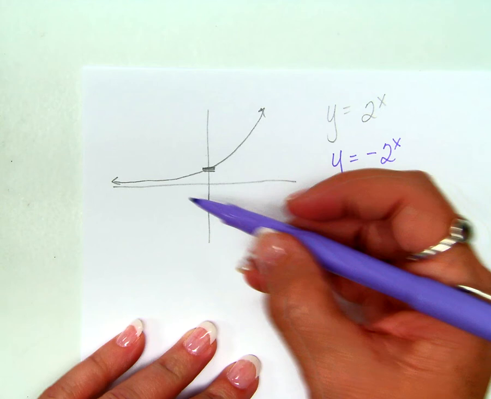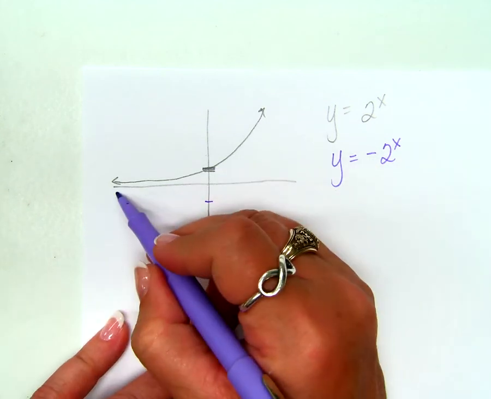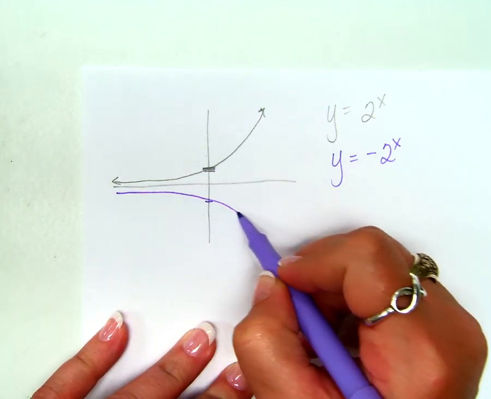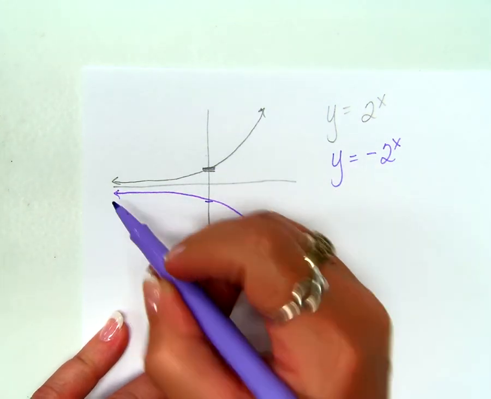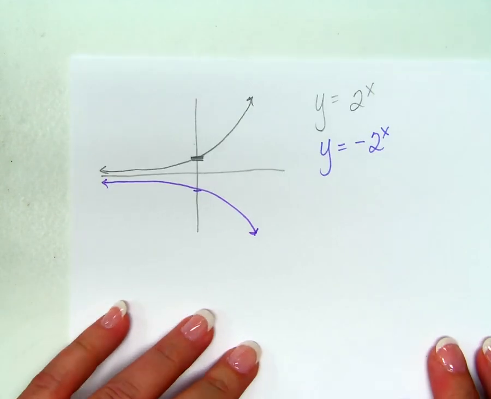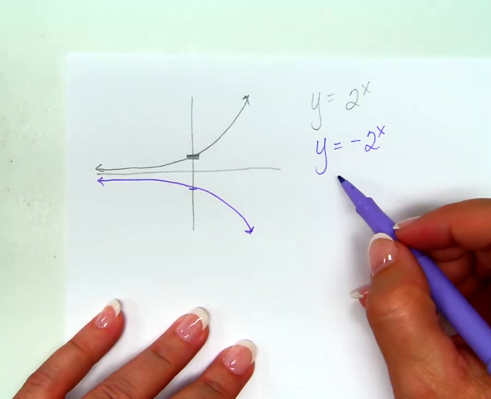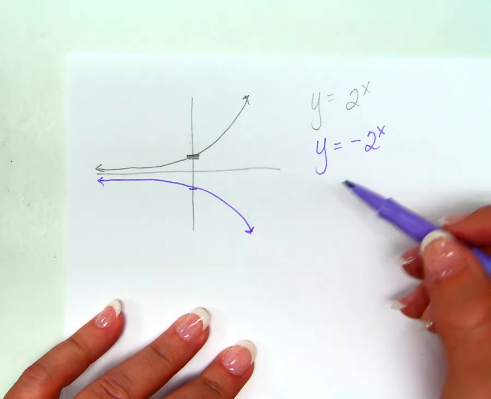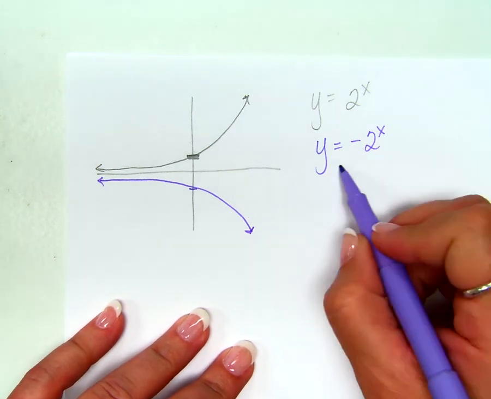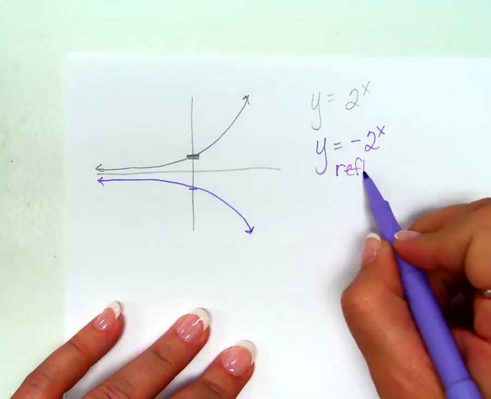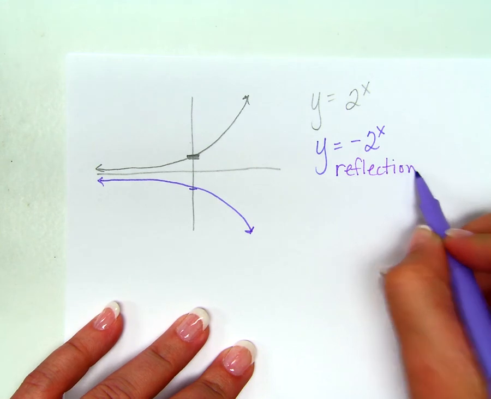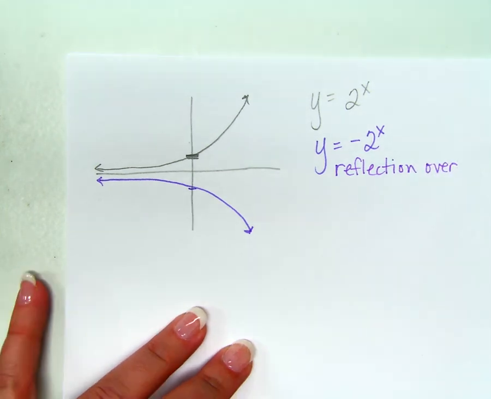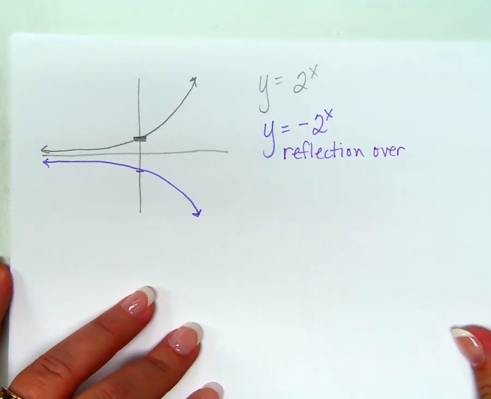Okay? Here's what happens when you have a negative. Can you tell me? It says the opposite. So mirror, right? It mirrors it, but what kind of math word can we use for that? Yep. Reflection. Very good. Can you be specific for me about what it reflected over?